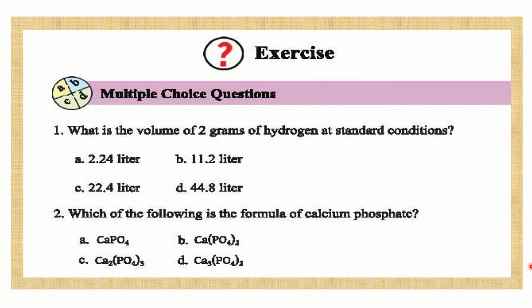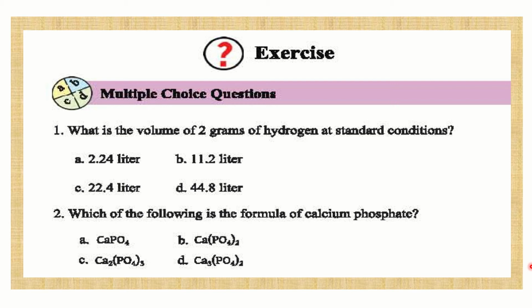Question number 1: what is the volume of 2 grams of hydrogen at standard condition? Dear students, we know standard condition means STP. At STP, the molar volume of a gaseous substance is 22.4 liter, and molar volume is the volume of 1 mole of the substance. The molecular mass of hydrogen is 2, so the molar volume of hydrogen gas is 22.4 liter.